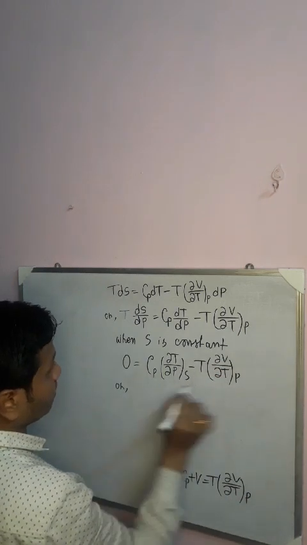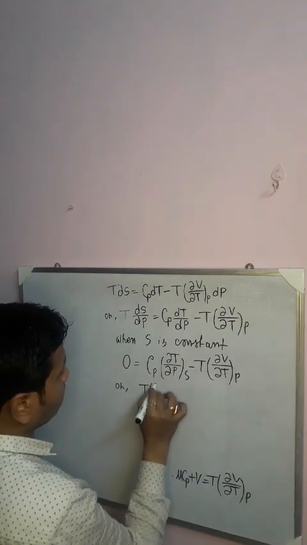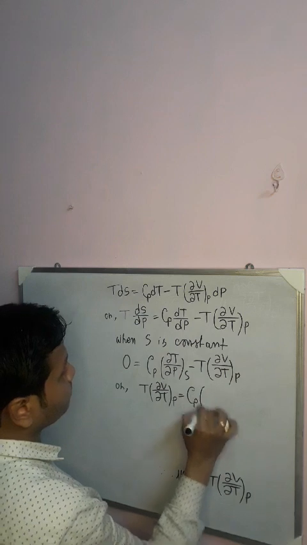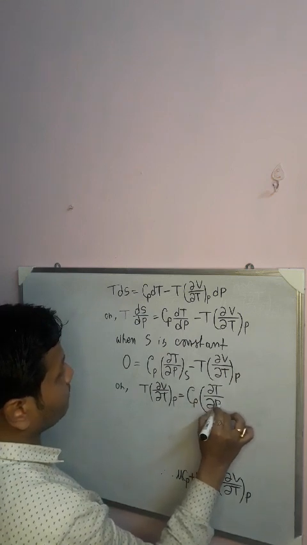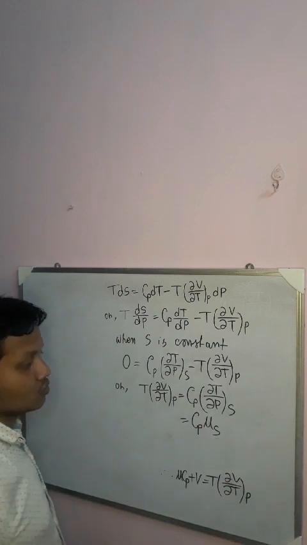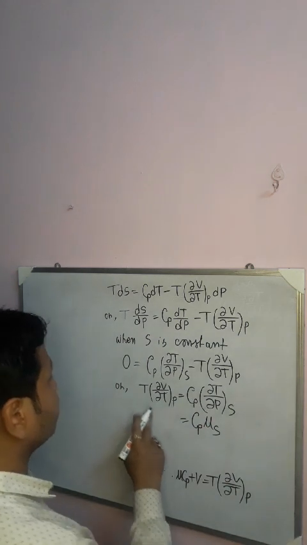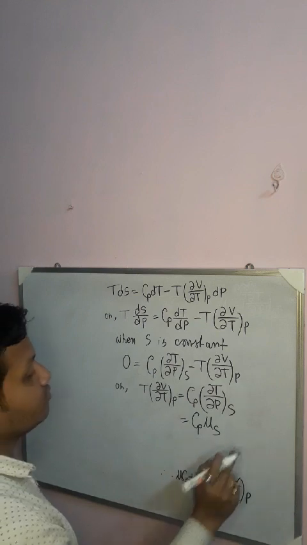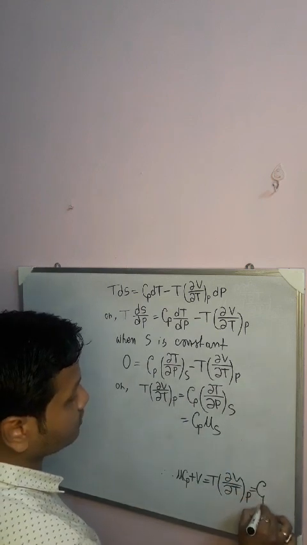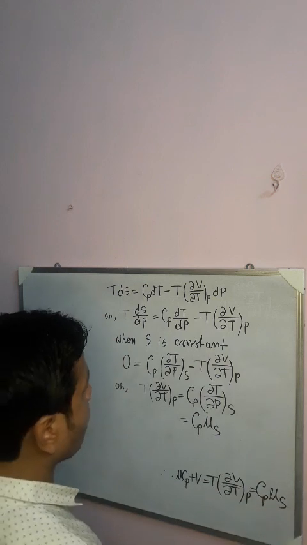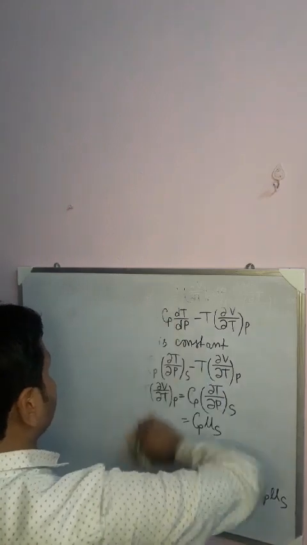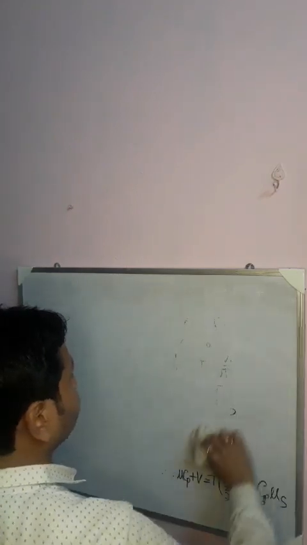From which we can easily write T del V del T at constant pressure equals Cp del T del P at constant S, and this is nothing but mu s. So we find that this term is equal to Cp mu s. Now substitute this in the earlier expression. Just one more step, then the result will be obtained.